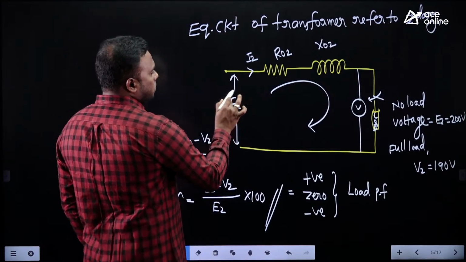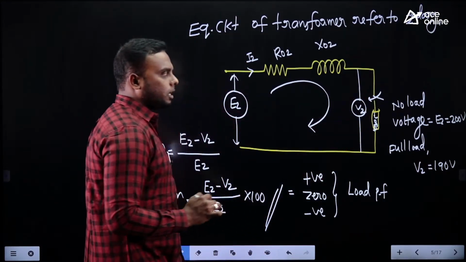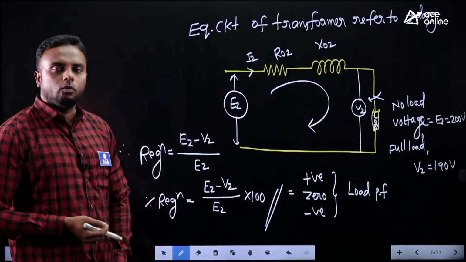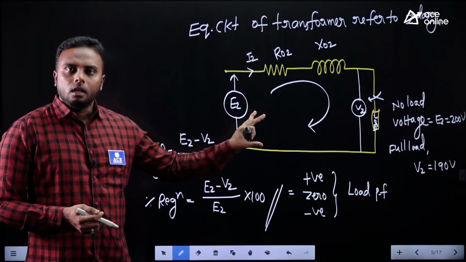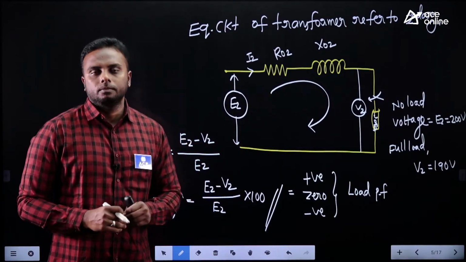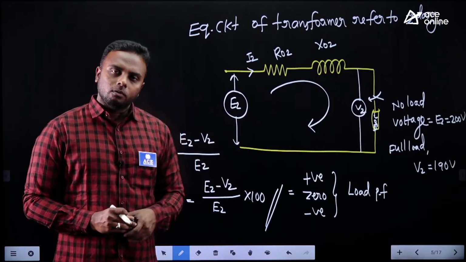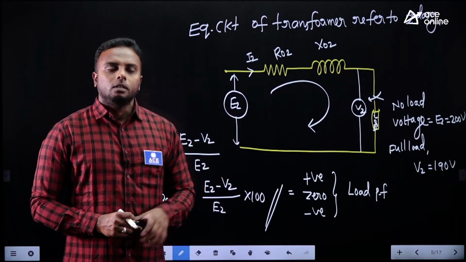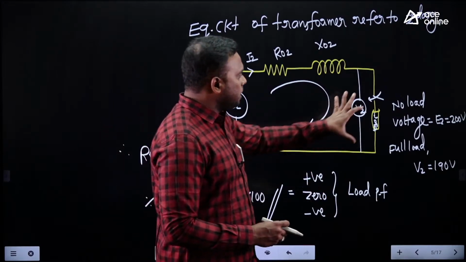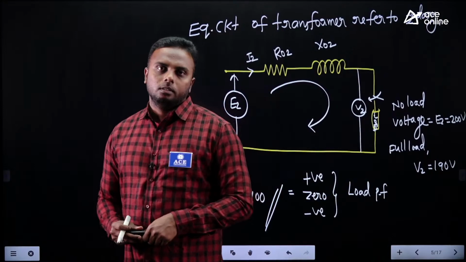This is the EMF induced, E2, and this is the terminal voltage we are getting, V2, across the load. Whenever full load is connected, let the full load be this. Otherwise, we can define regulation for any load, not only full load. Can we always operate transformers at full load, 24 hours? No. For a distribution transformer particularly, the load may not be the same throughout 24 hours.